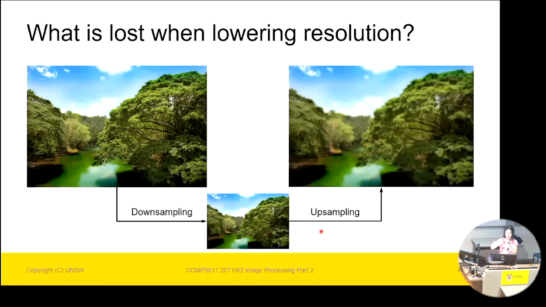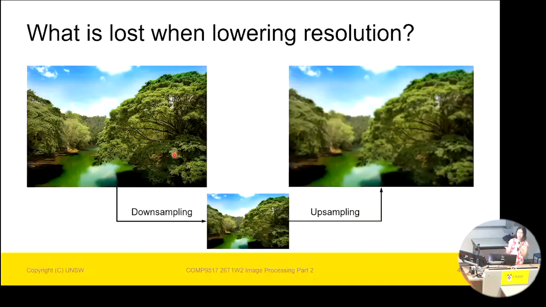When we do upsampling, we do the reverse process: from 1 pixel, get 4 pixels. There are also various ways to do it. The simplest way is you just duplicate that 1 pixel into 4 pixels. What we get here is a blurry version of the original image.